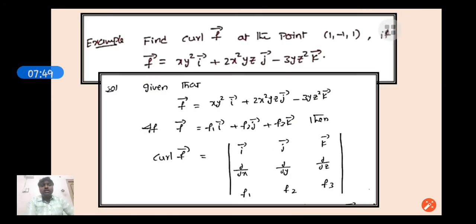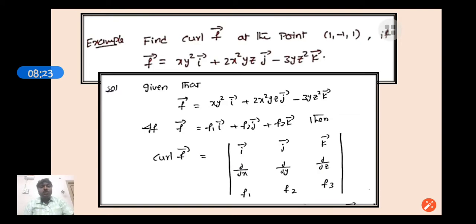Now I try to explain the same thing with the help of an example. Find curl f bar at the point (1, minus 1, 1) if f bar is equal to x y square i bar plus 2x square y z j bar minus 3y z square k bar. So they give a vector point function f bar, and for it we have to calculate curl f bar at the given point.